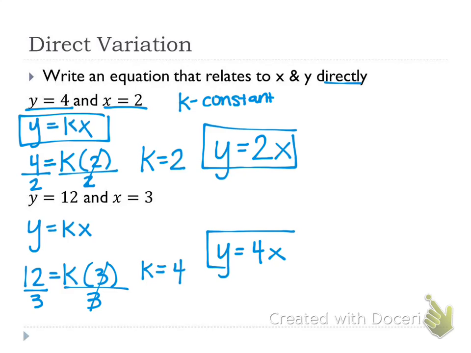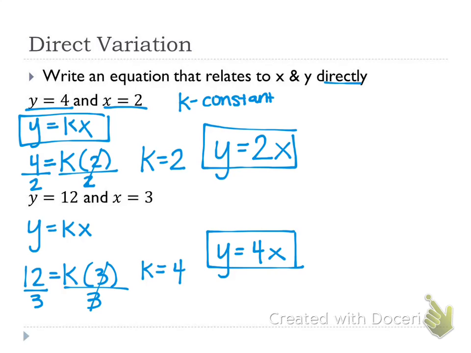Now, one thing that I do want to point out, you do not want to plug back into your final answer 12 equals 4 times 3. Because the whole point of direct and inverse variation is so that you have a constant. I could take this exact same equation and say, what if y was 10? Tell me what x would equal. Well, I'd have to solve that, and I could find that.